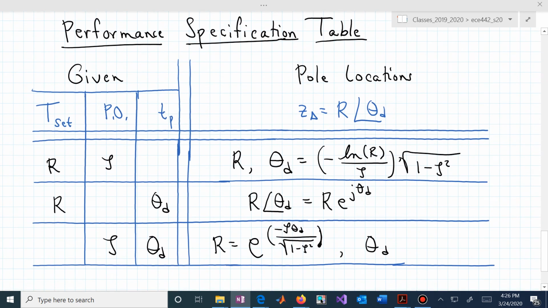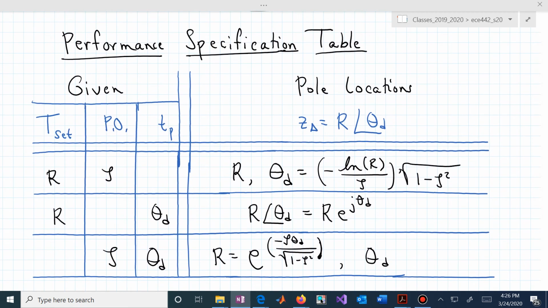We can now put all of that together to produce a performance specification table where, given certain combinations of two of these performance specs, either T settle, percent overshoot, or time to peak, you can express the Z-plane pole locations corresponding to those specifications in terms of either r and zeta, or r and theta sub d, or zeta and theta sub d.